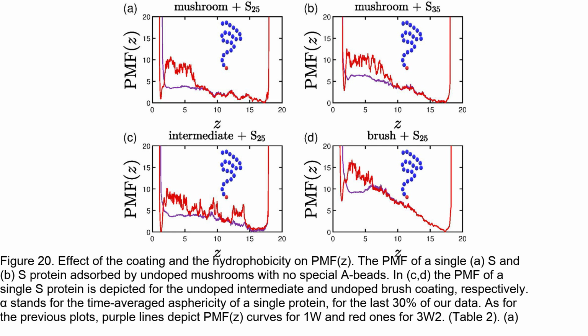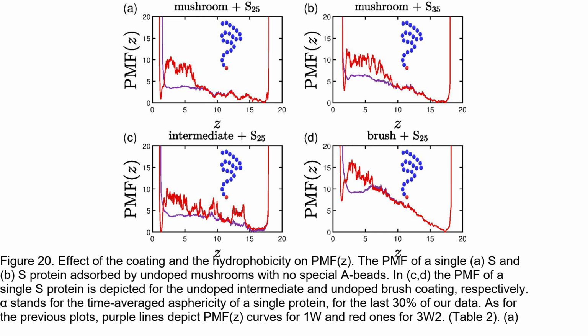From Figure 20, it can be observed that the PMF curves for the mushroom coating are generally lower than those for the intermediate and brush coatings. This suggests that protein adsorption is more favorable on the mushroom coating. Additionally, it can be seen that increasing the strength of the attractive wall interaction leads to a decrease in the PMF, indicating a more favorable adsorption.